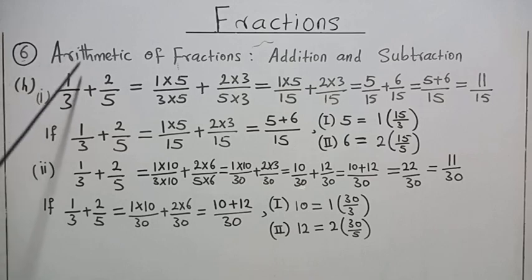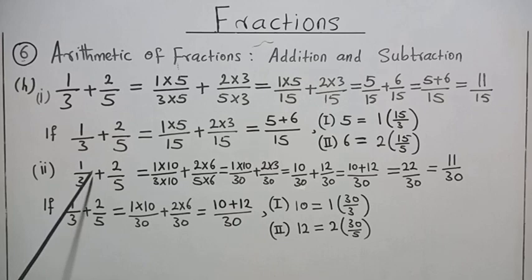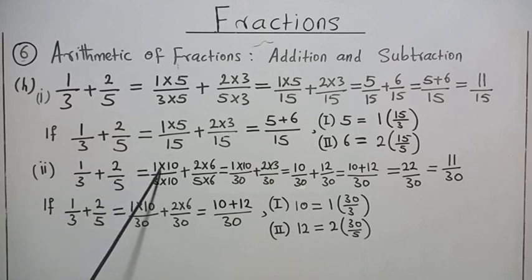With the same pattern of reasoning, we have that 1 over 3 plus 2 over 5 is equal to 1 times 10. That is, I'm converting this 1 over 3 to something over 30, just like I converted 1 over 3 to something over 15.